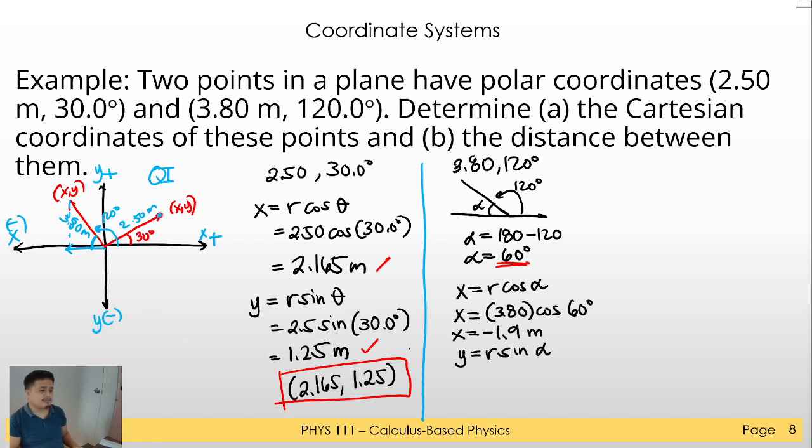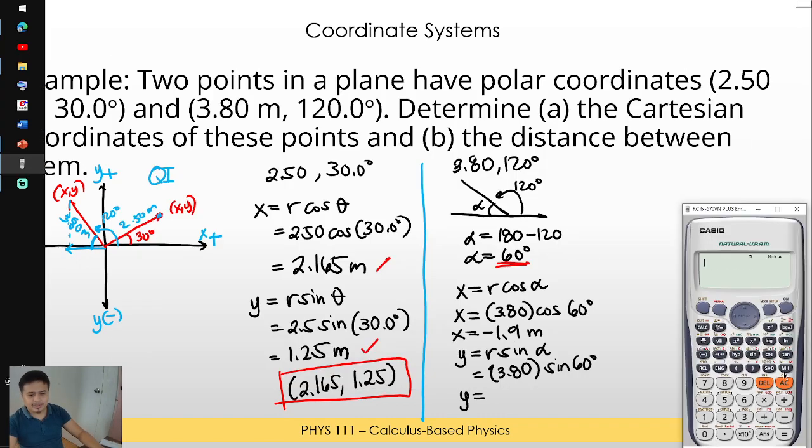And then for y, we have r sine alpha. So for r sine alpha, we have 3.80 and sine 60. So y here is equal to... you have to use your calculator. I'm thinking about a quick solution, but it could be hard.